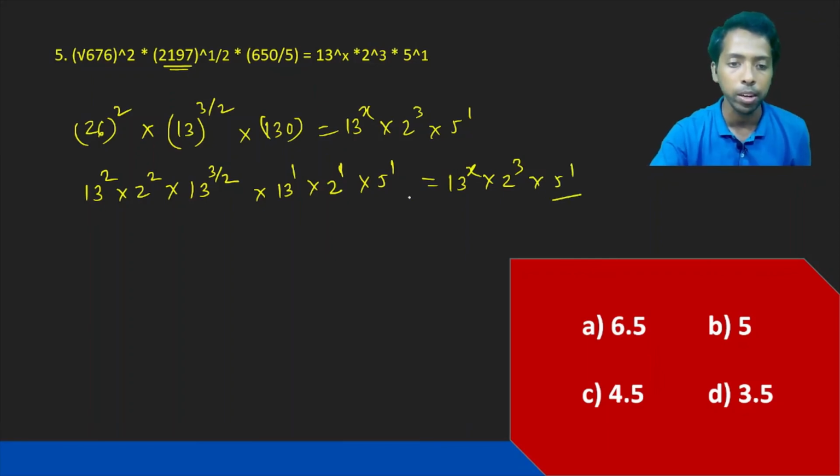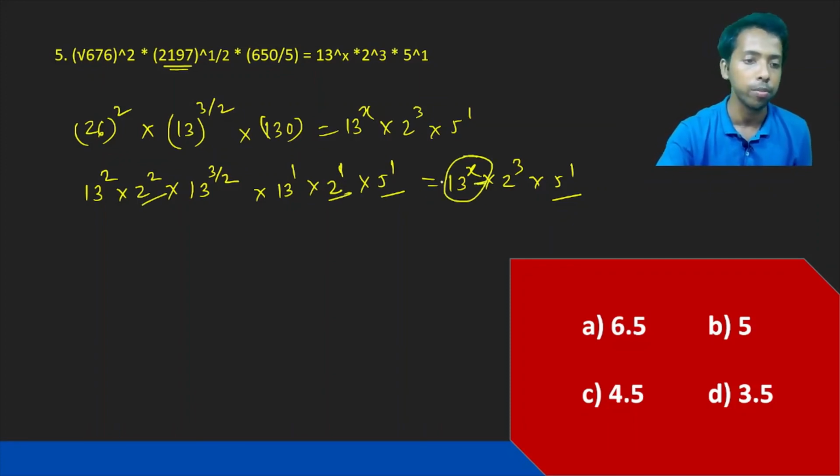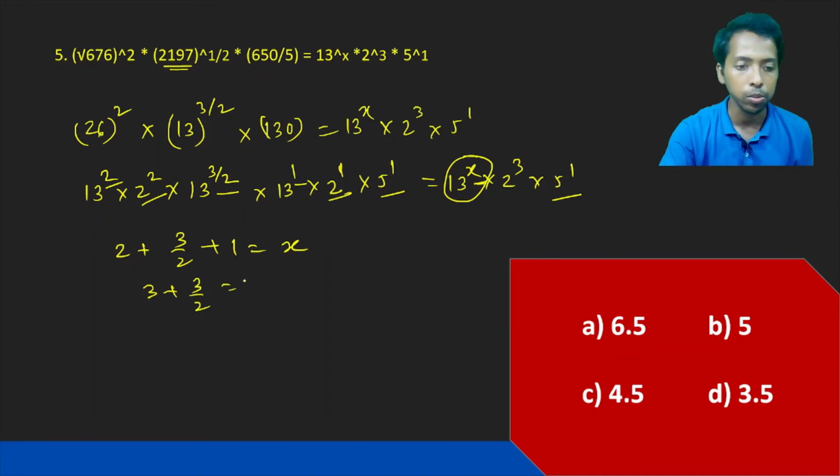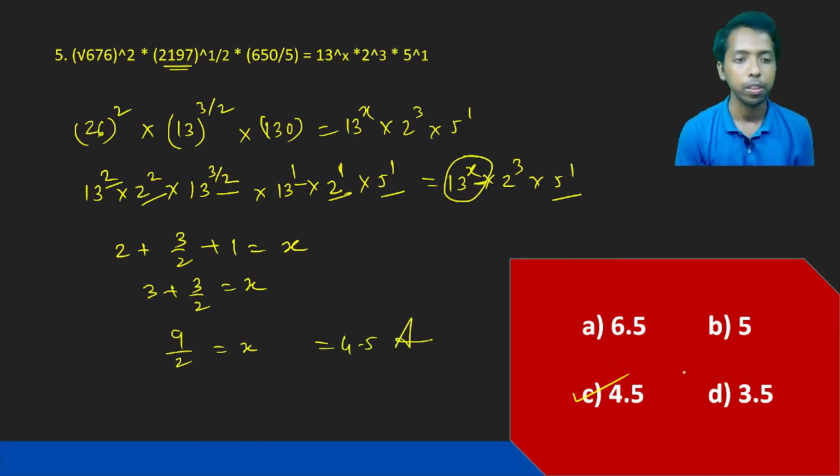Now 5 to the power 1 on both sides is satisfied. 2 to the power 3 is also satisfied. So we have to consider only 13 to the power x, and find the value of x. Here it is 2, here it's 3 by 2, here it's 1, right? So 3 plus 3 by 2 equals x, and this is 9 by 2 equals x, which gives 4.5, which is the answer. So option C, right?